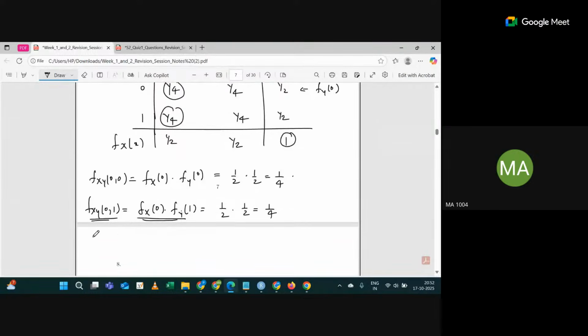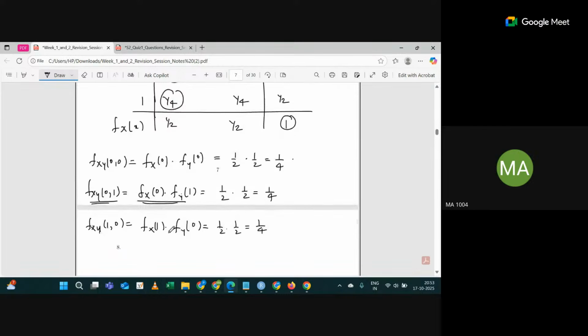If you see fxy of 1 comma 0, this will be the same as fx of 1 into fy of 0, which is half into half, again 1 by 4. So the joint is equal to the product of their marginals. Then fxy of 1 comma 1 is fx of 1 into fy of 1. Again you can see, would you agree with me?